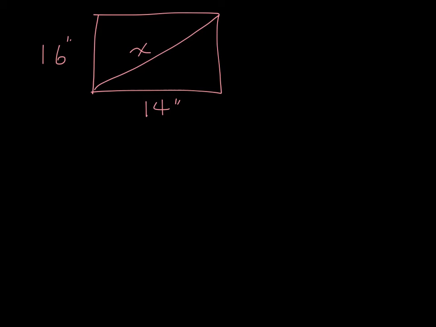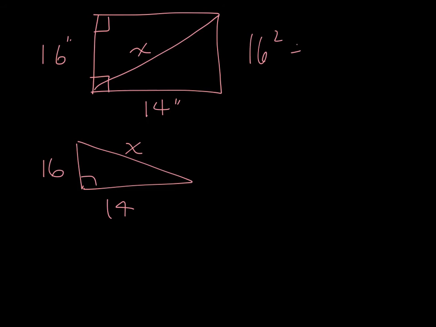So, we know this is a right triangle right there. So we can use the Pythagorean theorem because there's a right triangle there, okay? So we have 16 here and 14 here, and we want to find this hypotenuse. So we use the Pythagorean theorem. 16 squared plus 14 squared equals c squared. Alright? 16 squared is 256. You can use a calculator.